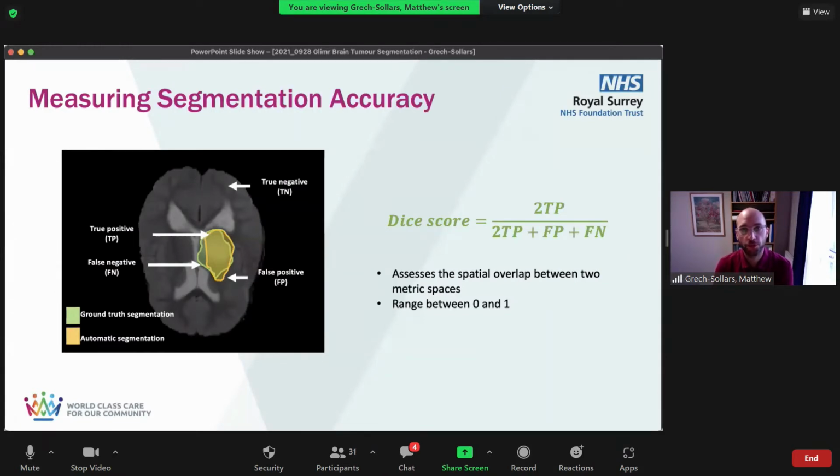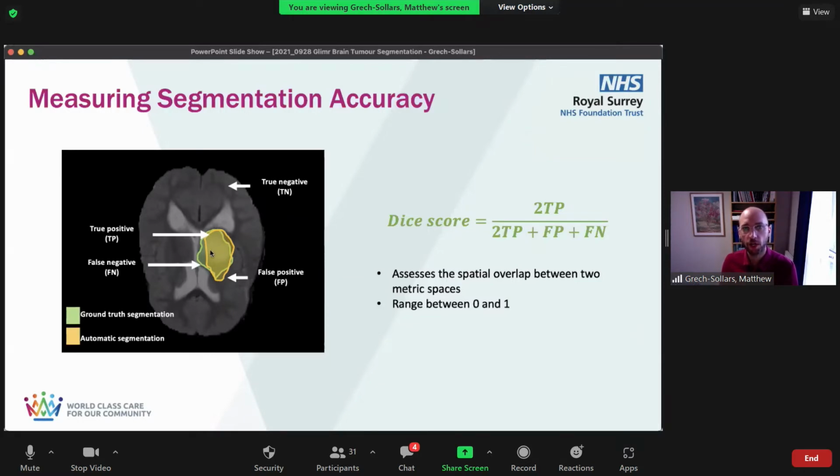So in terms of segmentation, what we're measuring is the Dice score. So for those who are not as familiar with the segmentation and measuring of the accuracy, what you do is you have your ground truth segmentation, which is shown in green here, and then your automatic segmentation from the different software, which is shown in yellow here.